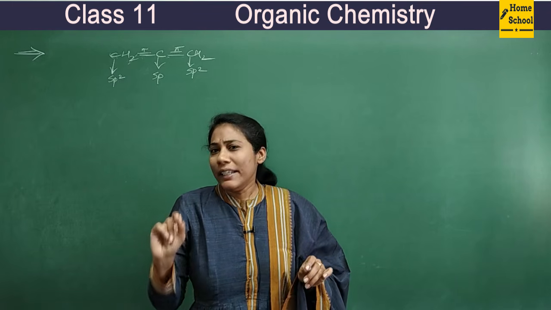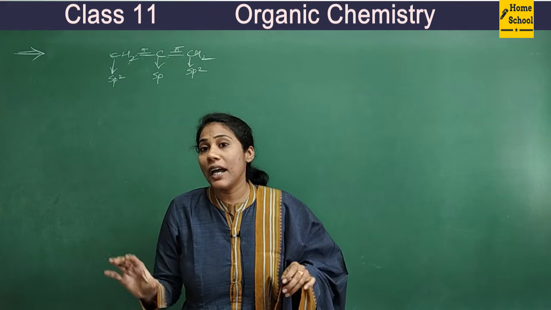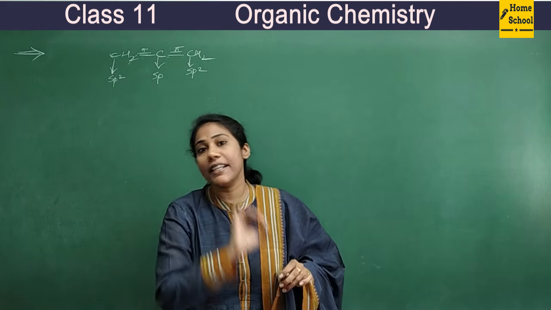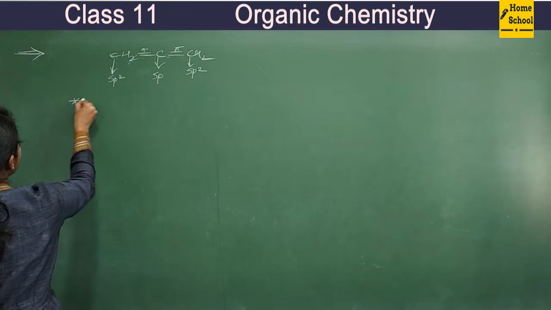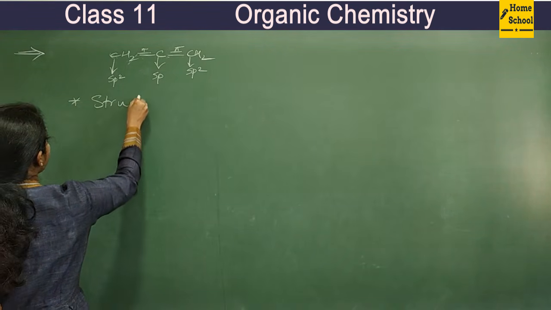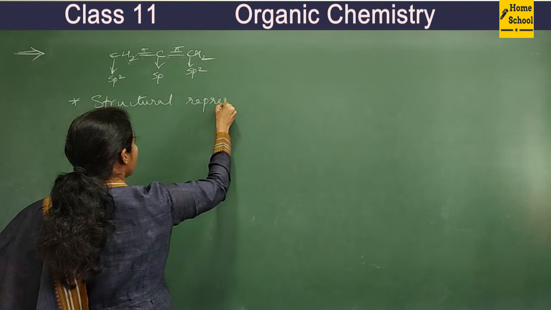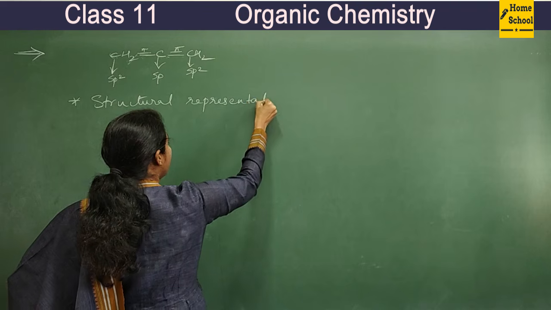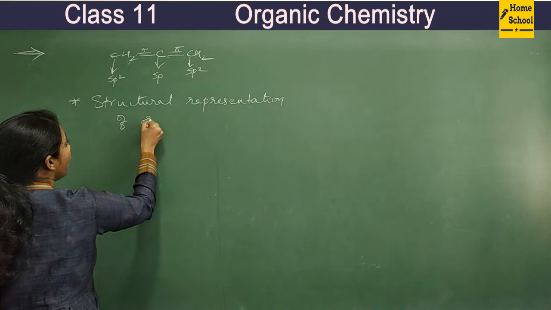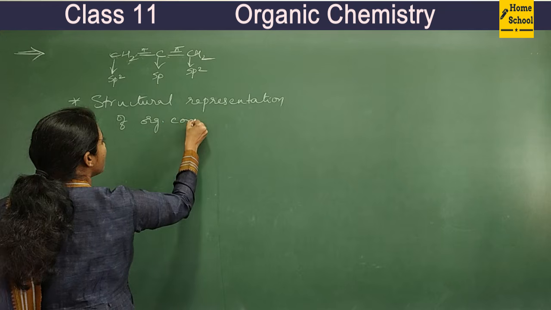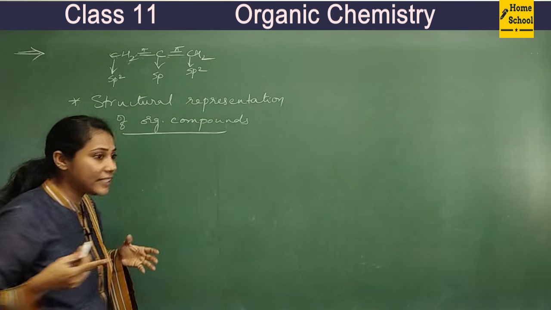And today, I am going to talk about how to write structural formulas, the structural representation of organic compounds. So our today's topic is structural representation. This is also very, very important and very, very basic, guys. We can represent organic compounds in different ways.